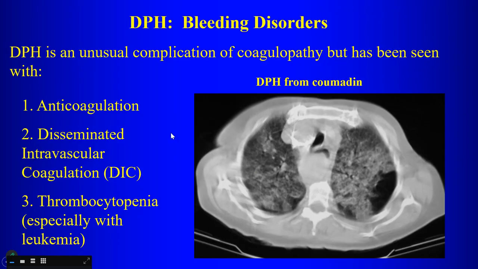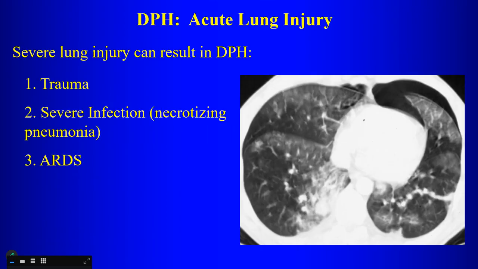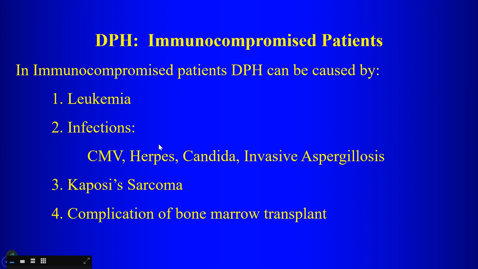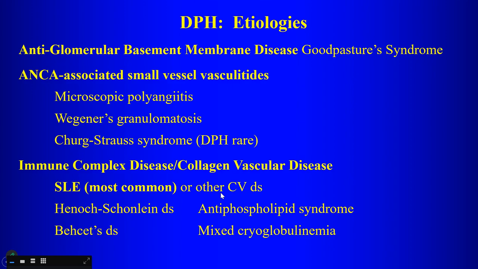So I've given you a list of all the things that can cause pulmonary hemorrhage. You can also see it with trauma, severe infections, ARDS. Acute lung injury can result in pulmonary hemorrhage. Immunocompromised patients, leukemia, infections, Kaposi's, complication of bone marrow transplant, that can also be a cause of pulmonary hemorrhage.